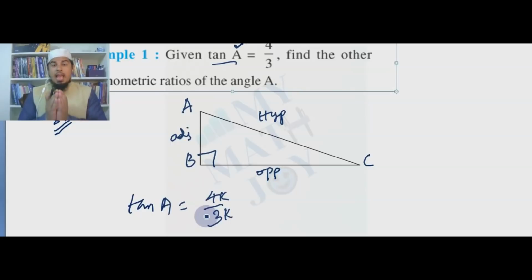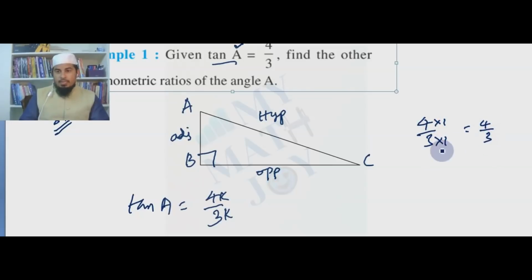Any triangle having sides in the ratio 4 by 3. The 4 by 3 does not tell me that one side is 4 centimeters and the other is 3 centimeters. It tells the ratio 4:3. It can be 4 times 1 and 3 times 1. It is valid for these sides also.